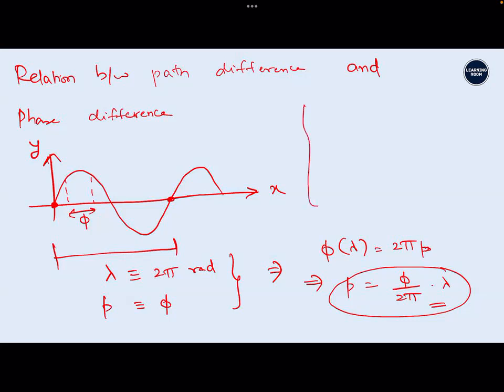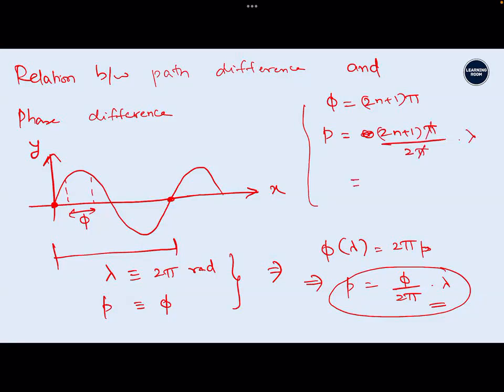So what I'm trying to tell you here is phi is equal to 2n plus 1 into pi for destructive interference. So what will be the corresponding path difference? P will be equal to 2n plus 1 into pi divided by 2 pi into lambda.